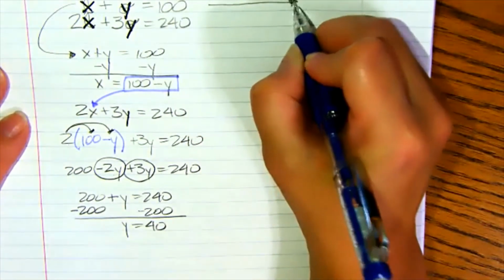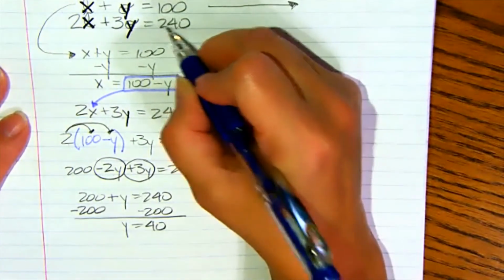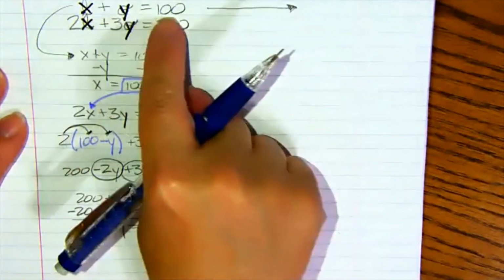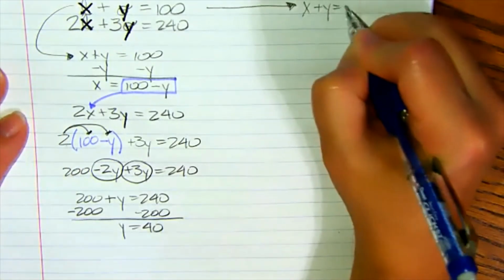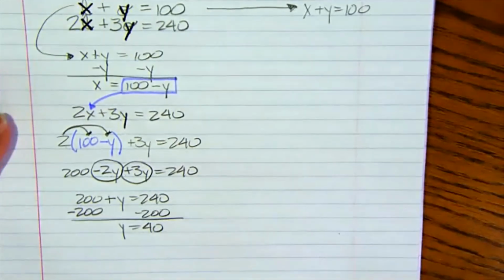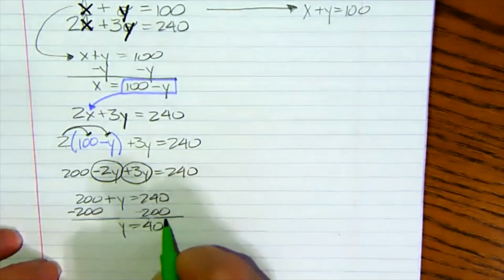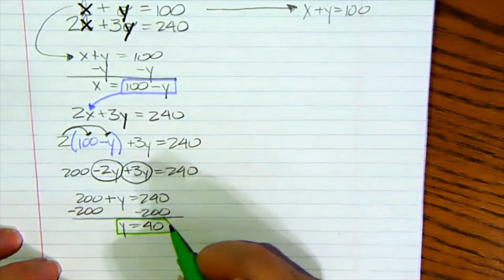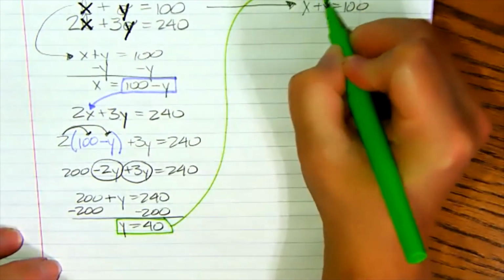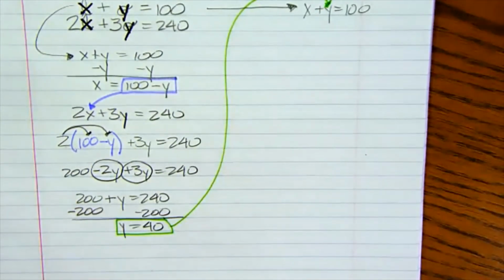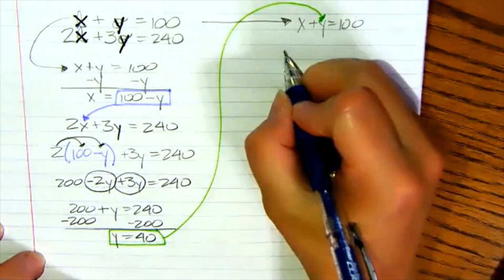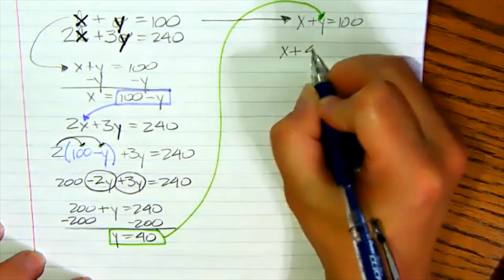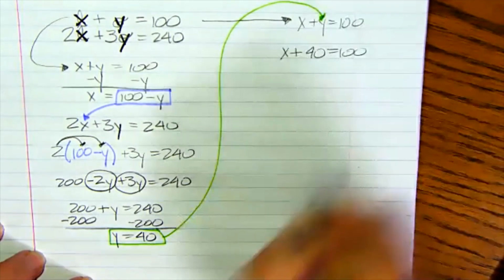I'm going to look at my original equations and take the easiest one to work with: x plus y equals 100. And now I'm going to substitute this for my y. Okay, so I now have x plus 40 equals 100.